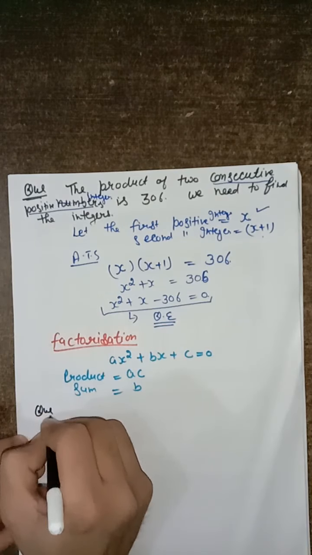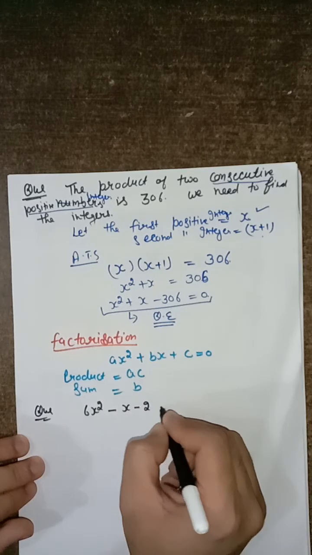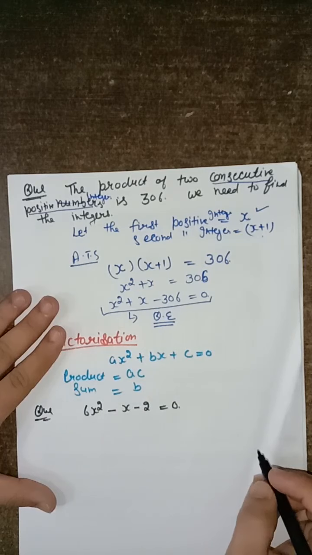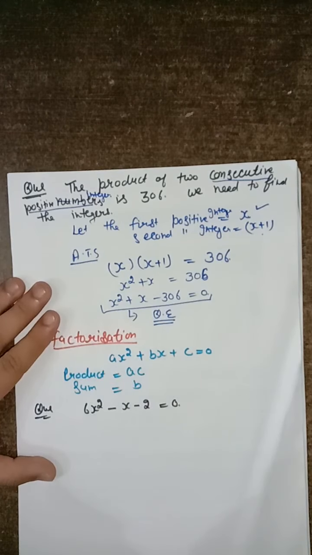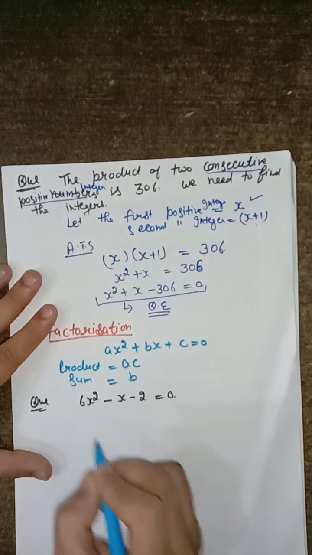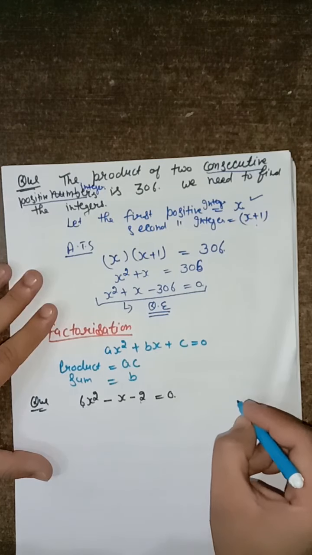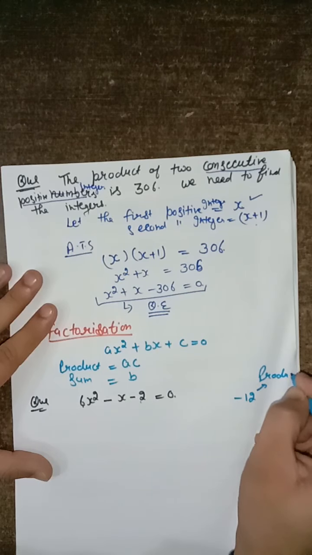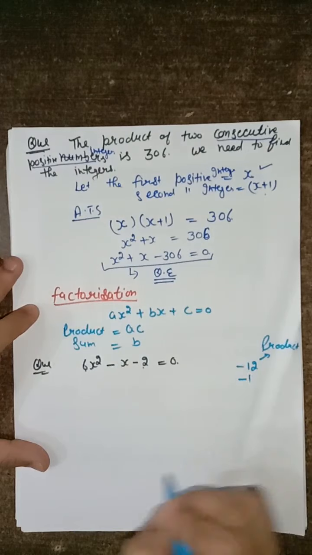If my sum is 6x square minus x minus 2 equals 0 and we are asked to find the roots of this quadratic equation, according to the factorization method, we have to find two numbers whose product should be equal to 6 into minus 2, means product should be minus 12, and sum should be equal to minus 1.